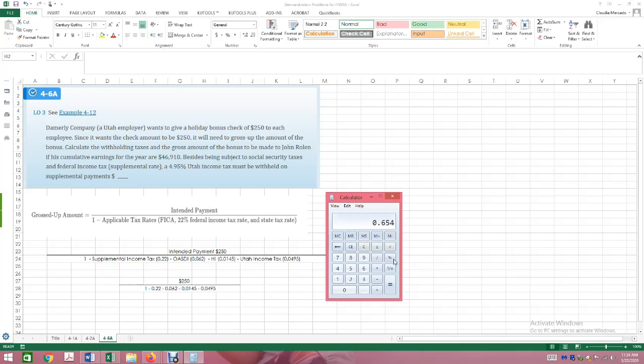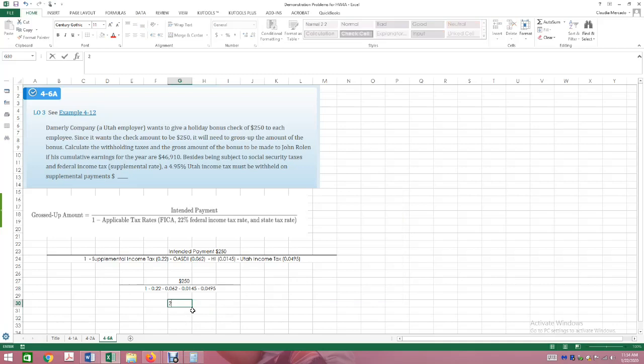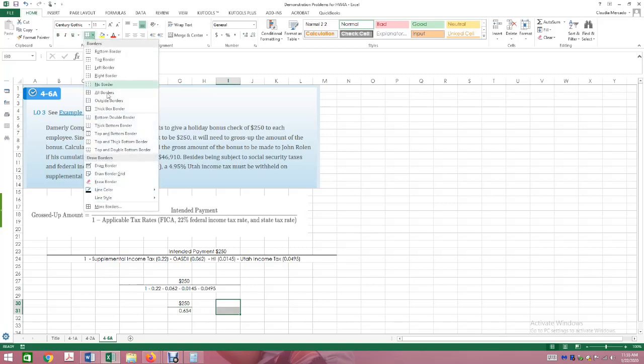So this is the number that I'm going to divide by. It'll be the 250 divided by the 0.654 that we calculated.